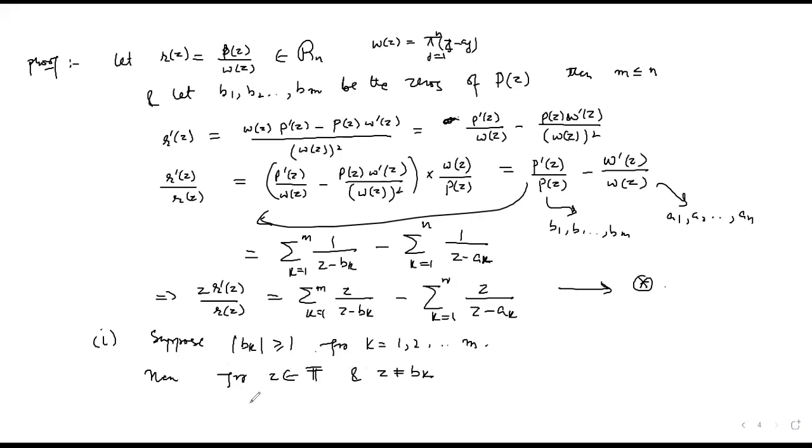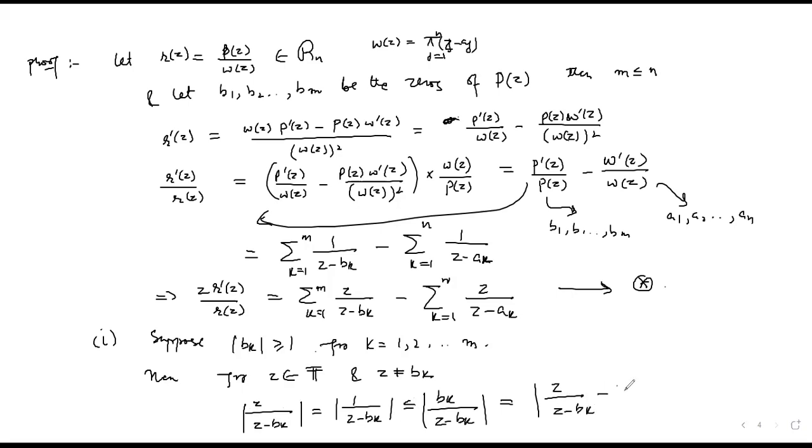Let me write it as this: the modulus of z divided by z minus bk, which is the same thing as the modulus of 1 by z minus bk, should be less than or equal to |bk| divided by |z minus bk|, because |bk| is bigger than or equal to 1, which can be written as |bk minus z|.